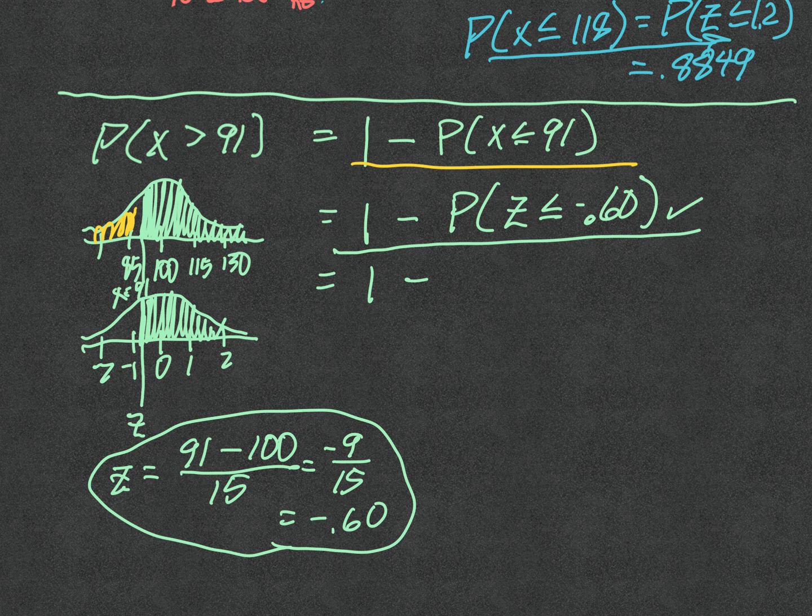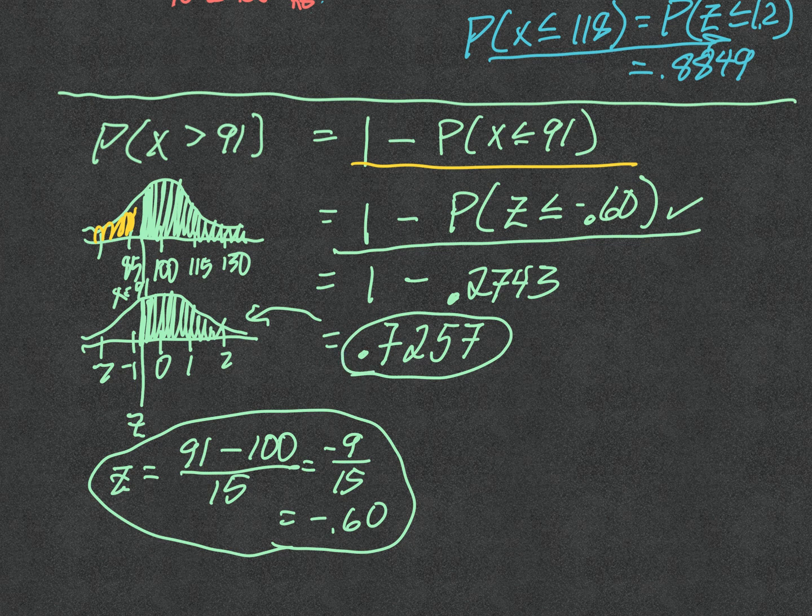And when I do that, I get 0.2743. And when I subtract that, I get 0.7257, which is what I expected the answer to be, over 50%, from my pictures, so I feel pretty good that I've done that correctly.